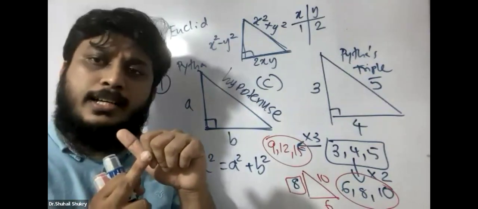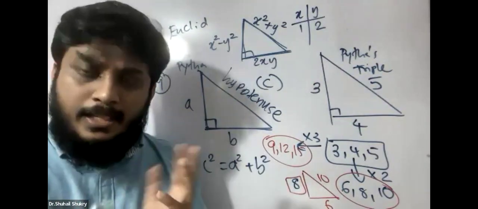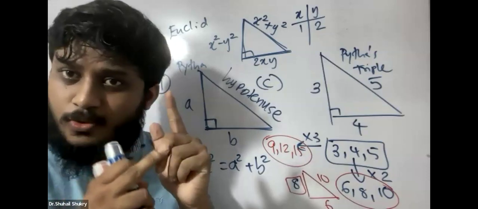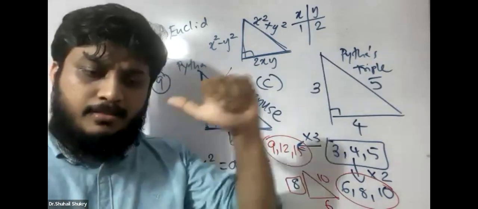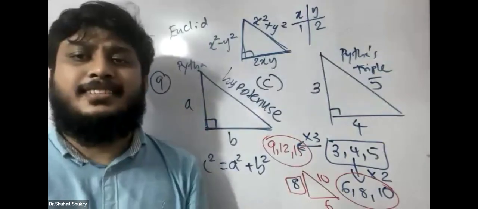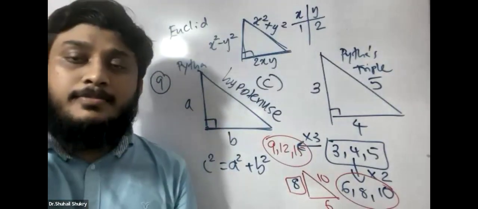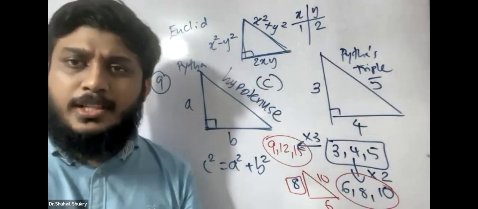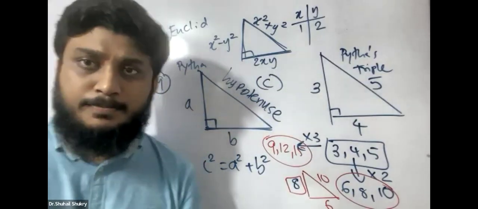Number 4, angle at a point. Then the first page is done. Second page: interior angles, exterior angles, then isosceles triangle, then Pythagoras. So 9 things are done, and all 9 should be in your head. If you can remember these 9 things in order, it means all the theorems we have done so far today are in your head.